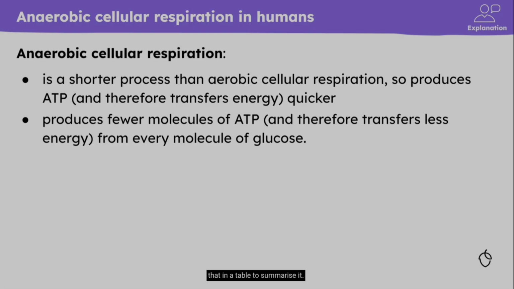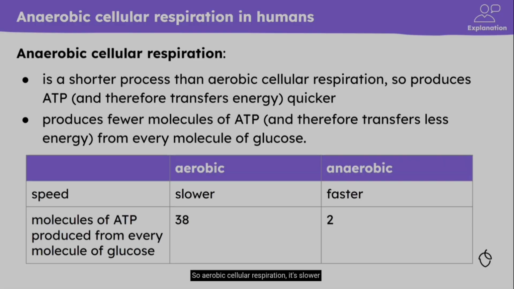Let's look at that in a table to summarize it. Aerobic cellular respiration is slower and produces 38 molecules of ATP for every molecule of glucose. Anaerobic cellular respiration is a much faster process, but for every single molecule of glucose, it only produces 2 molecules of ATP.